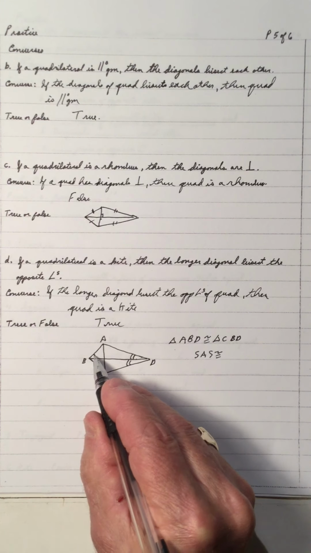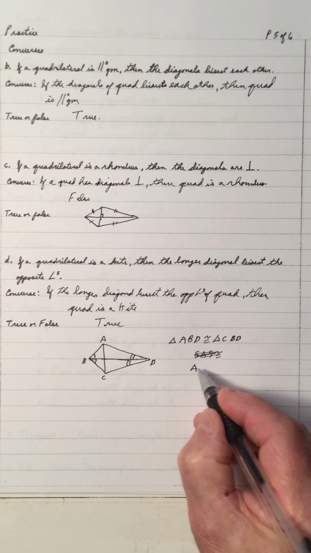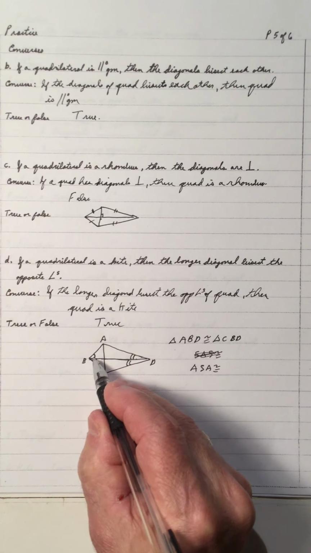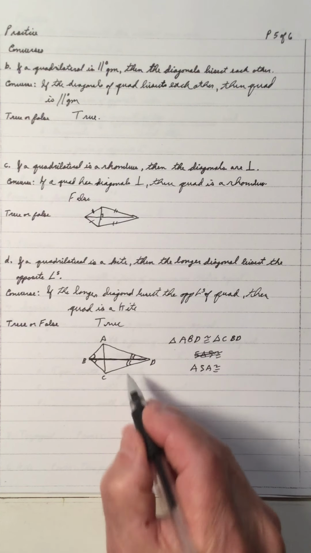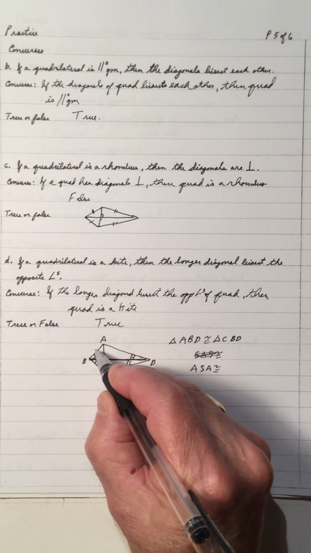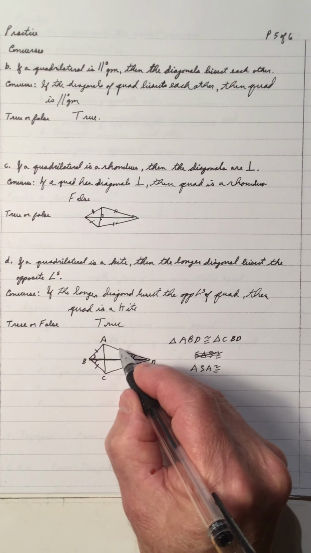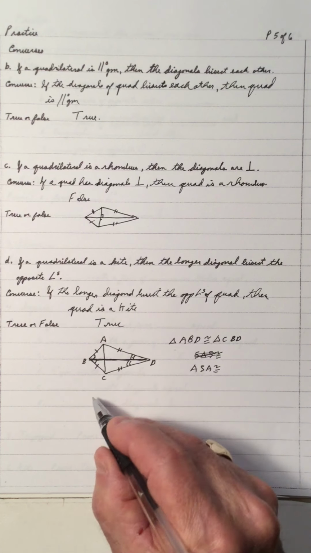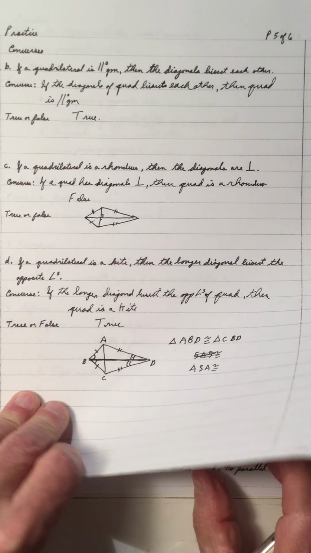So this is the common side, so it's angle, side, angle. Sorry for that. So it's true. And therefore, because the triangles are congruent, AB equals CB, and AD equals CD. And therefore, we have a kite, because two pairs of adjacent sides are equal.